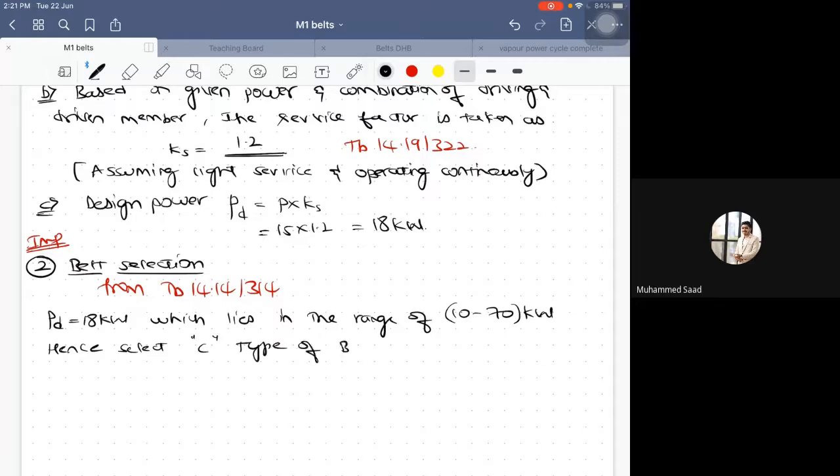Okay, so this is what we have done. Immediately, whenever you select a belt, three parameters for that particular belt category have to be noted down. Number one is nominal top width. Next, nominal thickness.